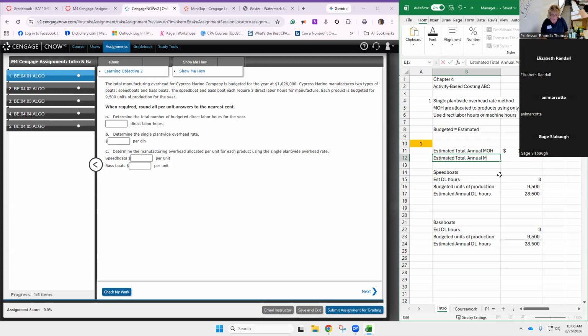We already know manufacturing overhead. Now we're going to add these hours together. They're not dollars, they're hours. So let's add both these together, and there is your estimated total annual direct labor hours.